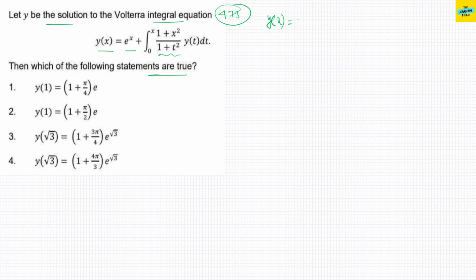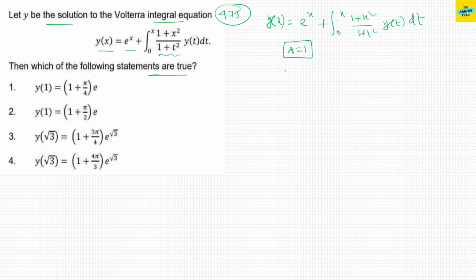So see here, we take eˣ + ∫₀ˣ (1 + x²)/(1 + t²) y(t) dt. Now lambda is present here and its value is not given, that means lambda equals 1.